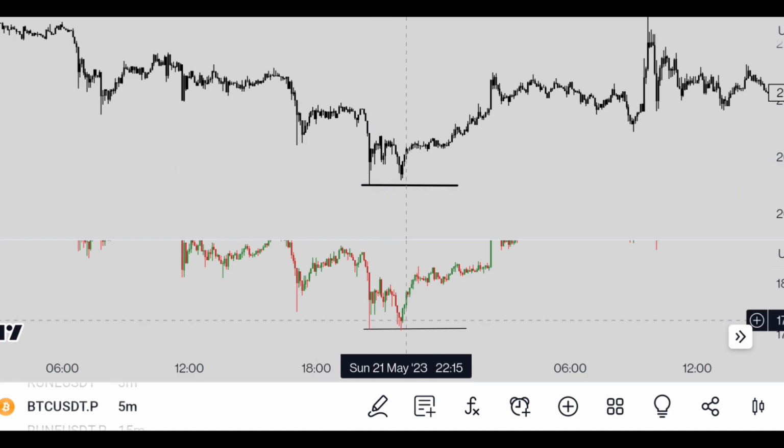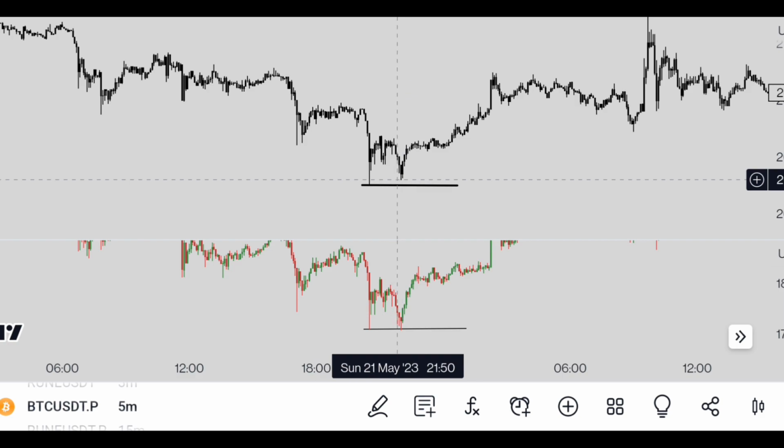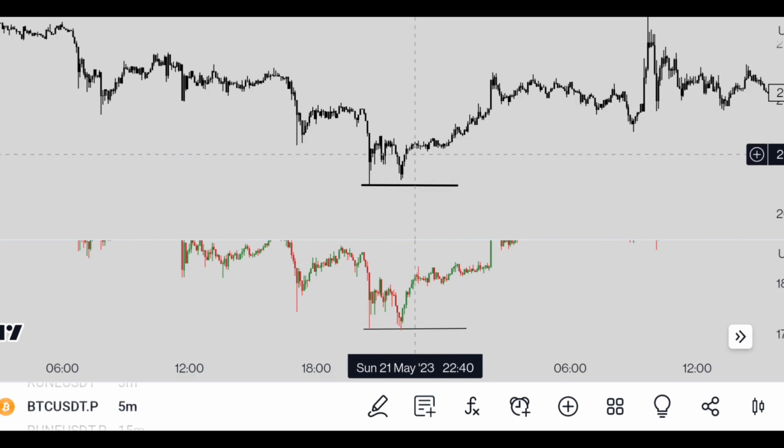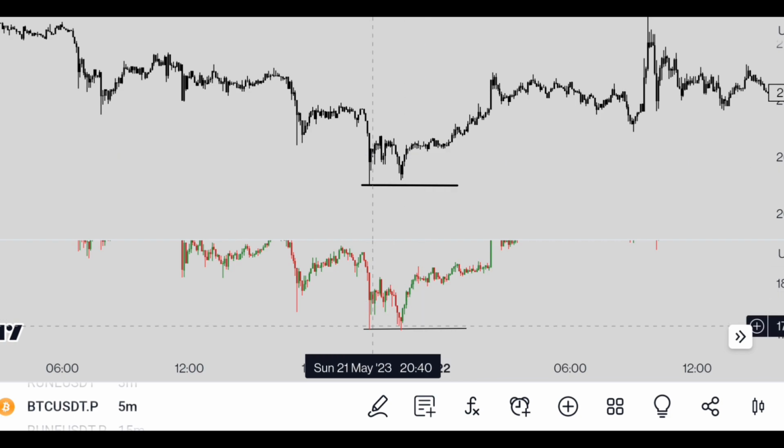And here you can see Ethereum swept this low. So once you get a sweep of the low on Ethereum and you see no sweep on Bitcoin, then you can long. That's your confirmation for your longs. Ethereum just went down to take the liquidity, and that's the reason Ethereum went down. So Ethereum took the liquidity, and then it moved up. I will show you some more examples.